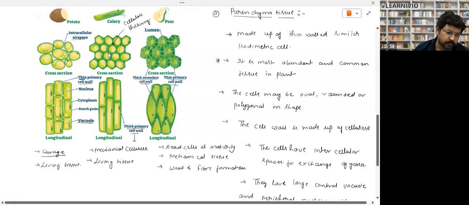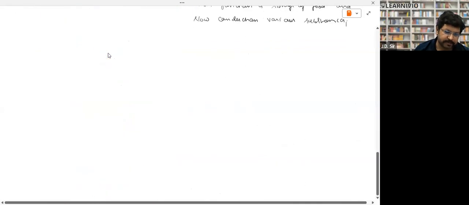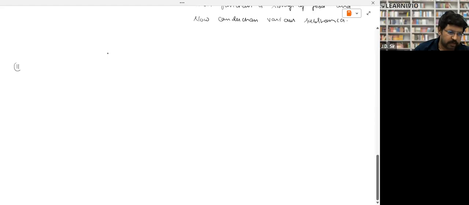Next one is this one, parenchyma tissue. Look, in parenchyma tissue, what happened? Suppose this is a tissue made up of cells.